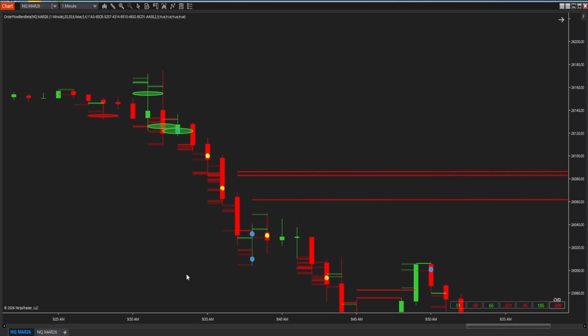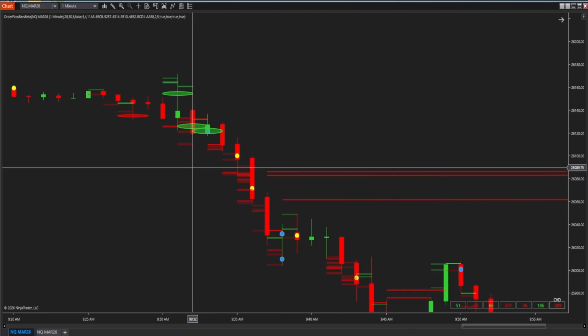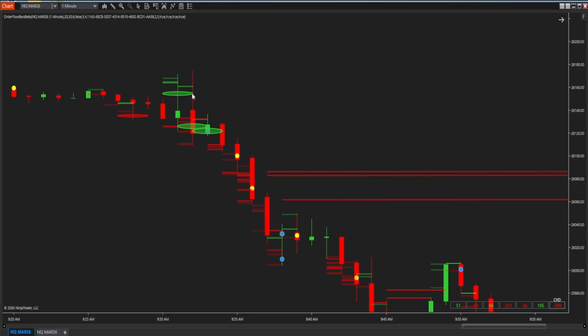Then on the next 1 minute candle, let's look at this. That was 9:32. So at 9:32, we moved up and then we kind of sold, drifted back down again. Then you had persistent sellers. As you can see right here, you have persistent sellers.